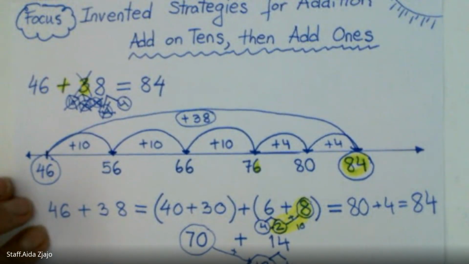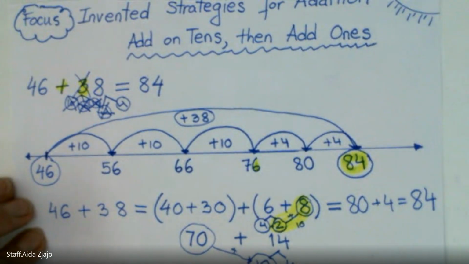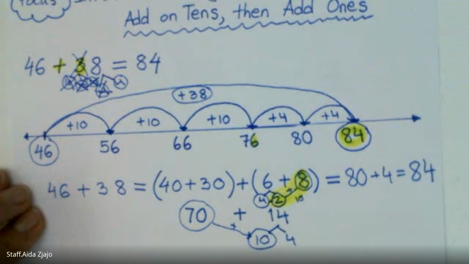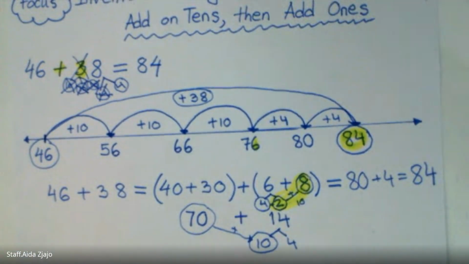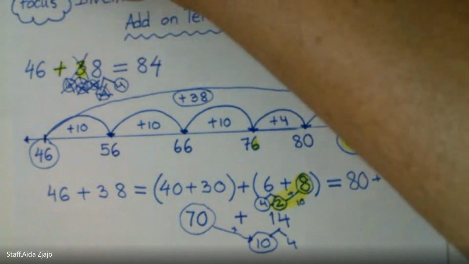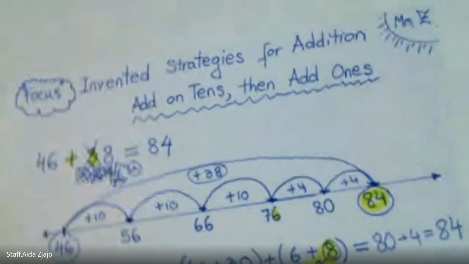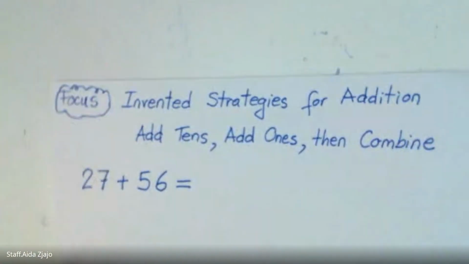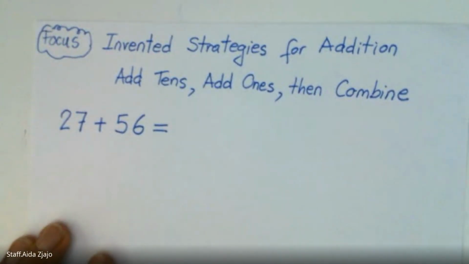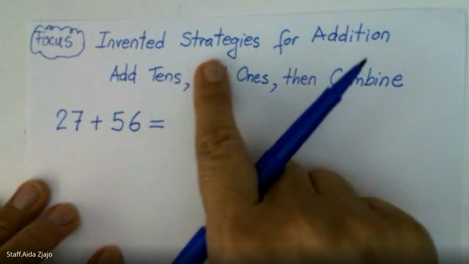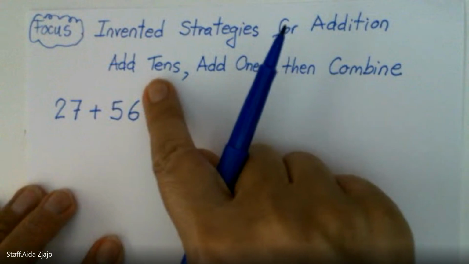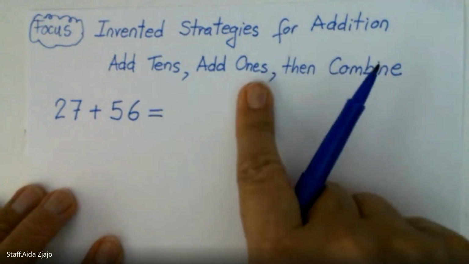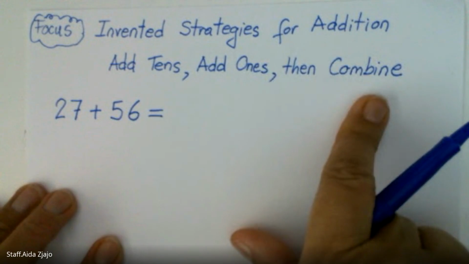I'm going to create one more. Let's see which one I would use. Let's do this. This is another one, called an invented strategy for addition. And this time I add tens, add ones, then combine.